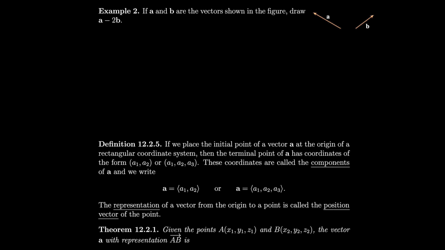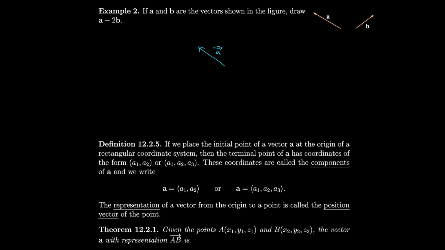So let's do another example. How about we try drawing a minus 2b? All right, let's see if I can do a. Should look roughly something like that. And I'll try drawing b, except that instead of drawing b, I need minus 2b, so I should make it twice as long and then change the direction. So that's the vector I should be drawing.